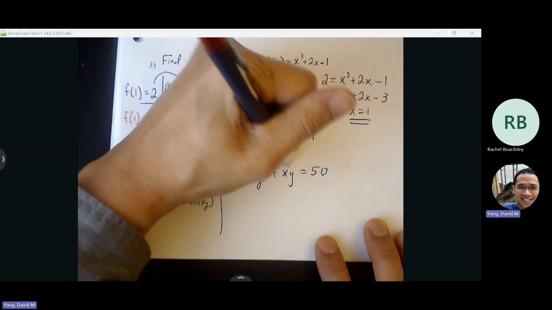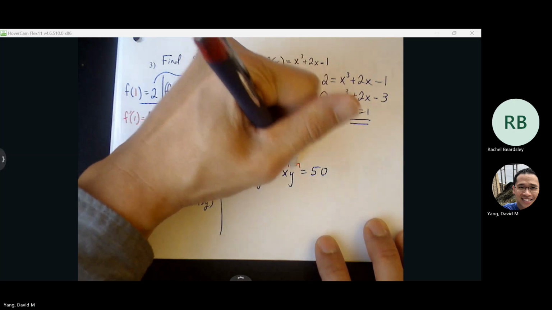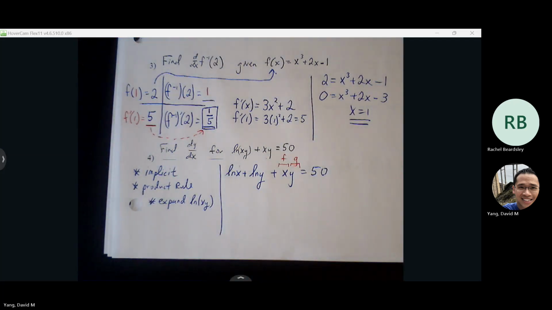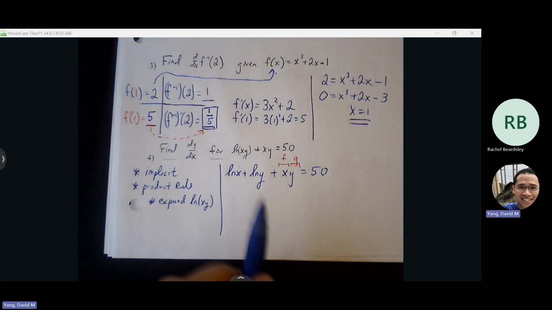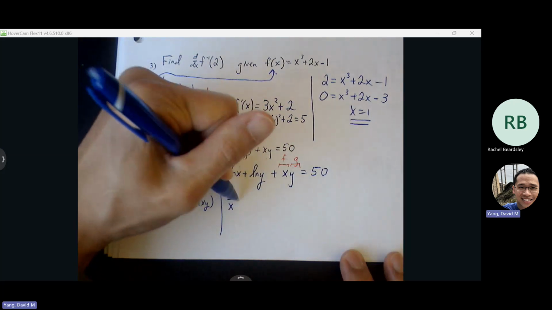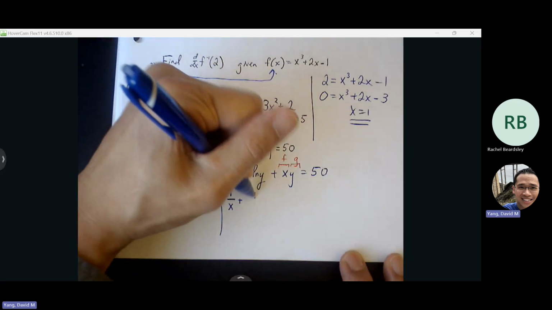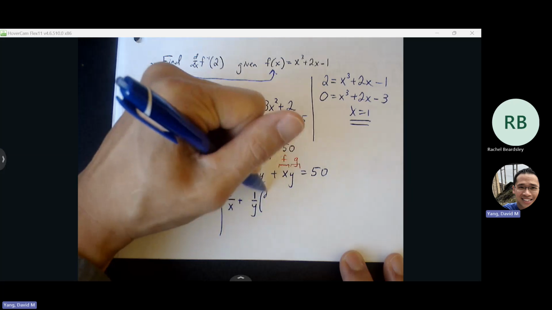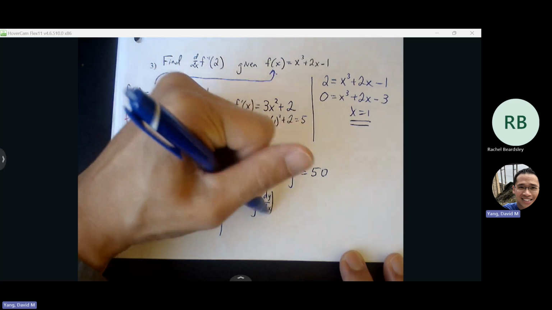And we're going to apply product rule here. All right, so we begin our derivative: natural log of x, that's 1 over x. Natural log of y, 1 over y, dy/dx, right? We're asking for y's derivative.